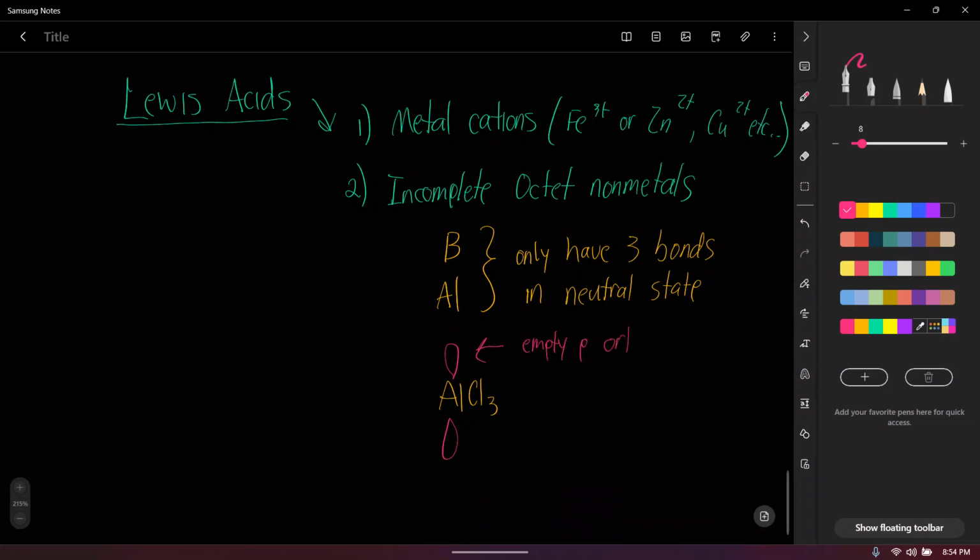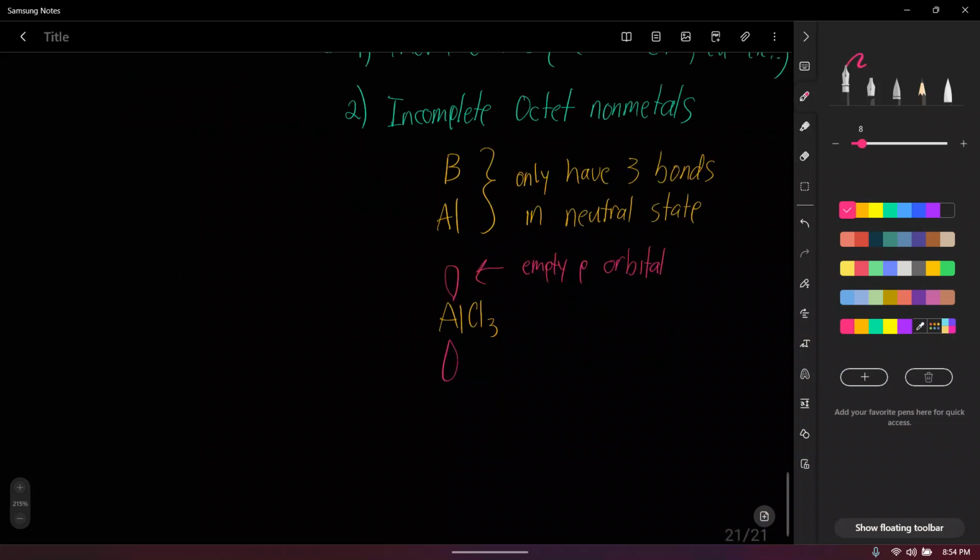And as you might imagine, because electrons live in orbitals, if you have an empty p orbital, that is the equivalent of offering free rent to somebody that is homeless. And there's no shot that those electrons in any kind of molecule would not jump at the opportunity to live in a free orbital, right? Okay. So AlCl3 has an empty p orbital. Again, boron also only has 3 bonds.